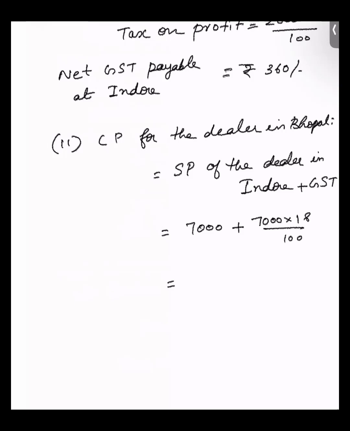So 7,000 into 18 by 100 is 1,260. You add it and what you get is 8,260 rupees. So this is going to be the cost price for the dealer. Cost price is the selling price of the dealer in Indore plus the GST that the Bhopal dealer has to pay.